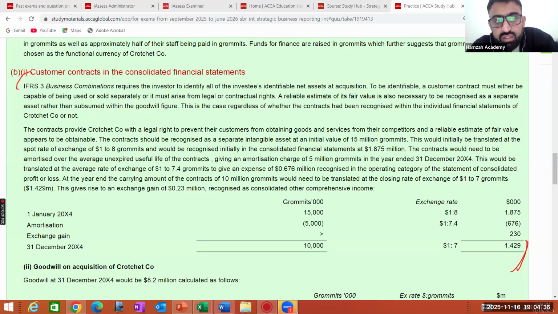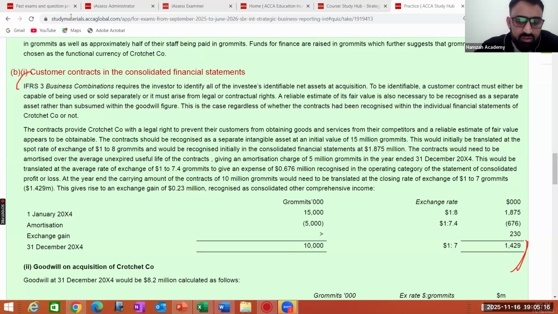In case of an intangible asset, if the subsidiary company has the intangible asset and hasn't recognized it because it was not identifiable for them, in case of consolidation, group accounts, that asset might become identifiable from the group perspective, and in that case, you should recognize it at fair value. So the fair value at the date of acquisition was 15 million grommets, and on the date of acquisition the exchange rate was 8.